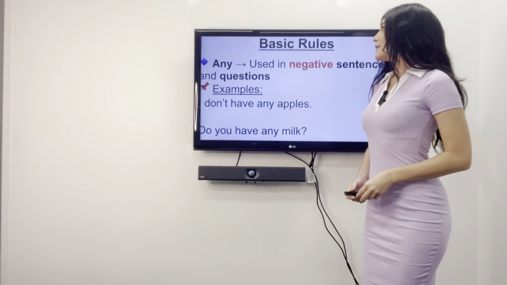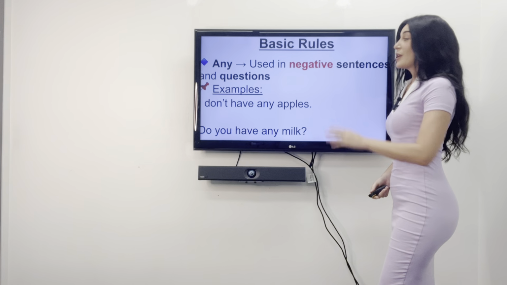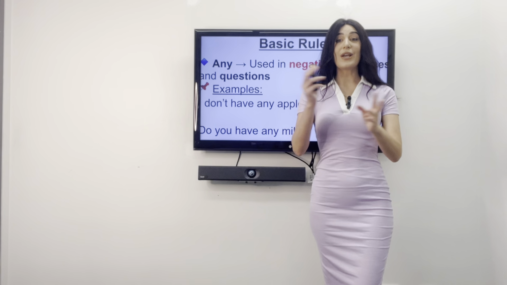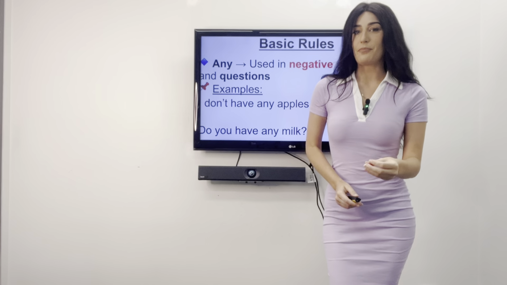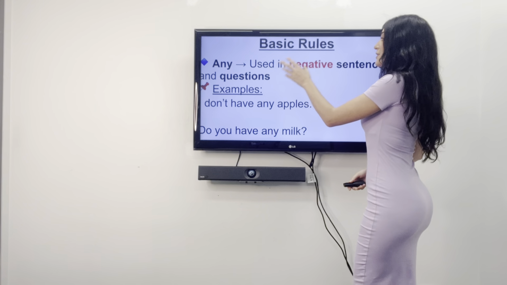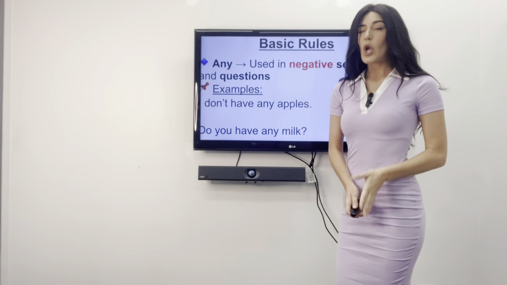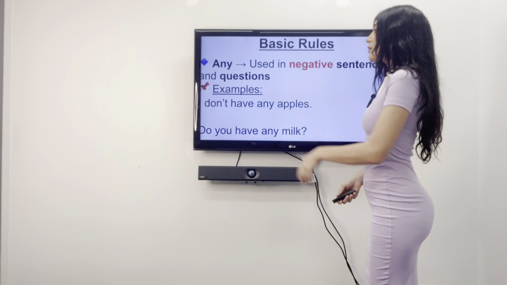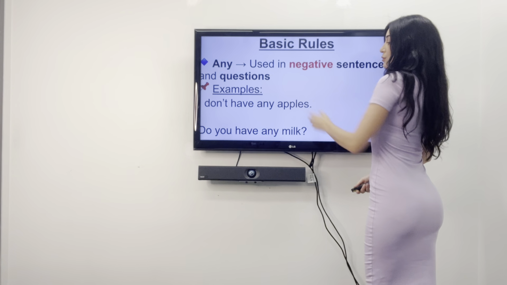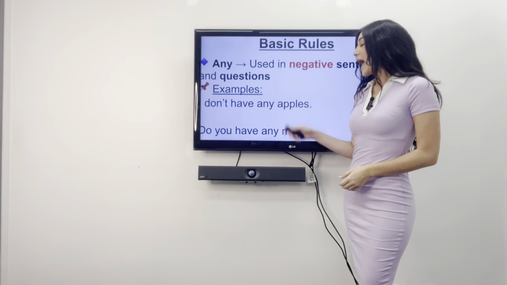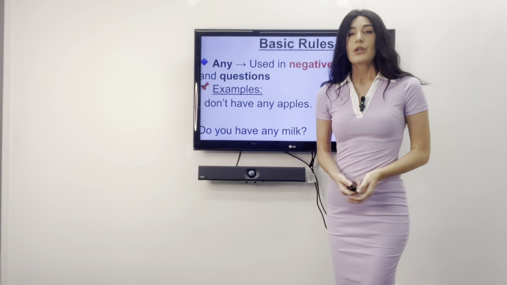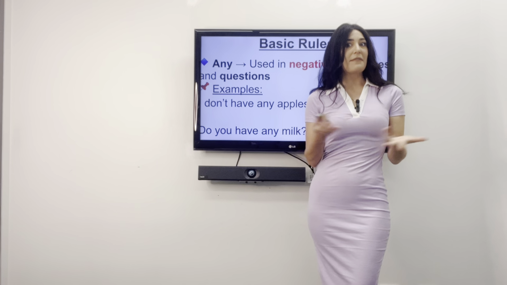Okay, now let's talk about any. Any is the opposite of some. And any is used in negative sentences. What do I mean by that? For example, I don't have any apples. That's a negative thing.